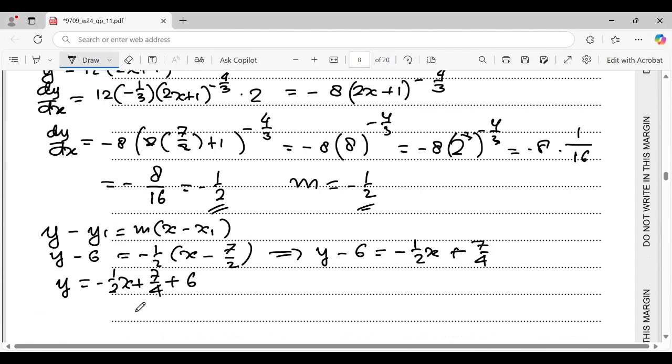So I've got 7 quarter plus 6, which means 24 plus 7, 31 over 4. So this is the equation.